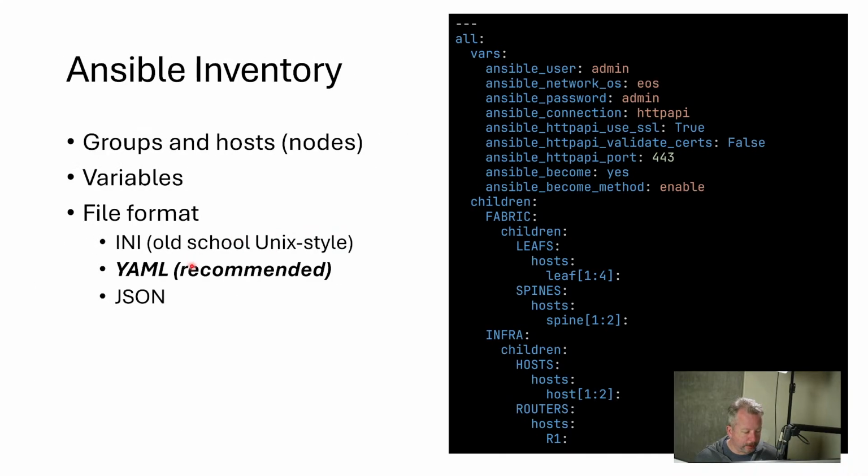We can do it in YAML, which is the recommended method. We can even do it in JSON. I think there's a couple others that are supported. But we're going to do it in YAML. If you do it in the INI style, it seems simpler at first, but gets really complicated really quickly. And YAML seems to be the best fit, I think. I don't like to edit JSON manually. YAML is much better to edit manually.